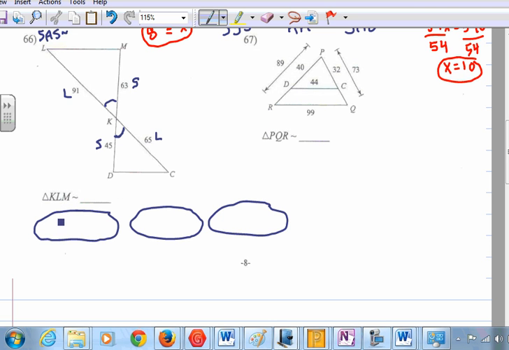So now let's get our ratios. So 63 divided by 45 reduces to what? 63 over 45 reduces to 7 over 5.